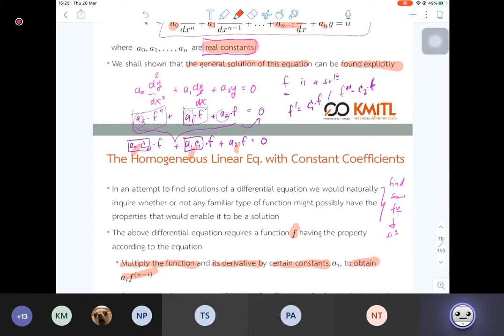So if we have a function such that when we take the first derivative, you get some constant times the very same function, and if you take the second derivative, you get some constant times, again, the very same function, then you can put into these equations and solve for the coefficients and you get the solutions, right?